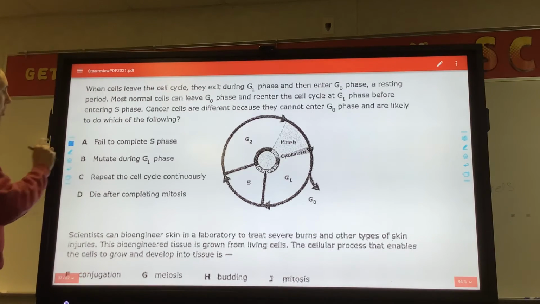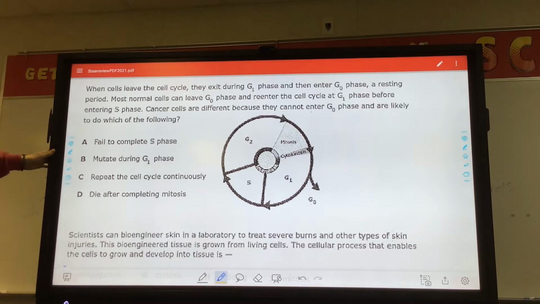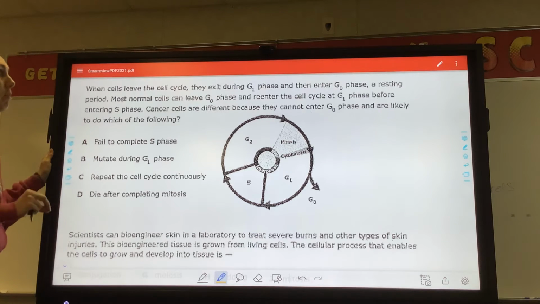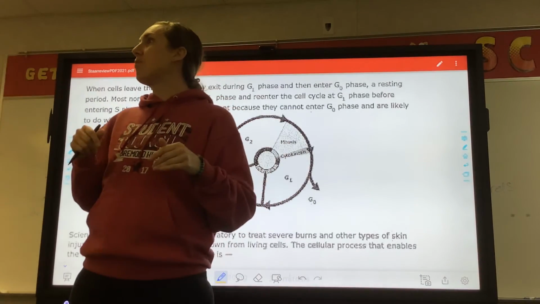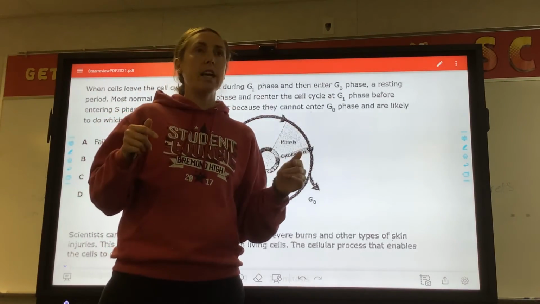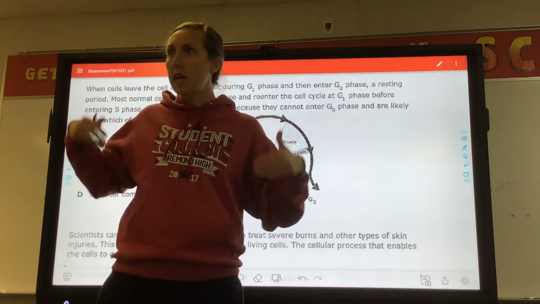I like this one too. When cells leave the cell cycle, they exit during G1 phase, then enter G0 phase, a resting period. Most normal cells can leave G0 phase and re-enter the cell cycle before entering S phase. Cancer cells are different because they cannot enter G0 phase and are likely to do which one? So, we always know it's cancer because they replicate nonstop.